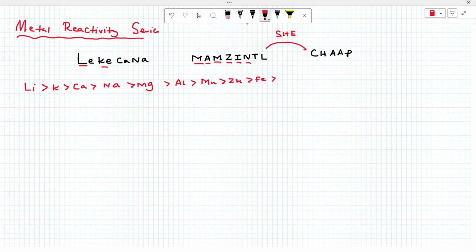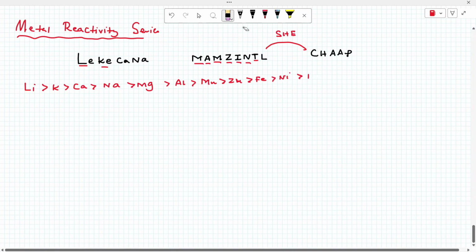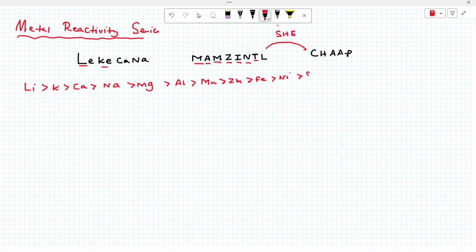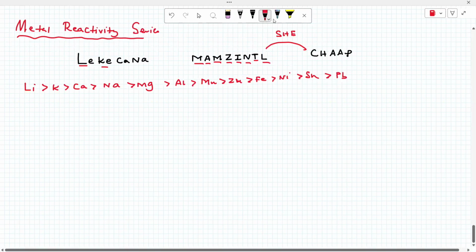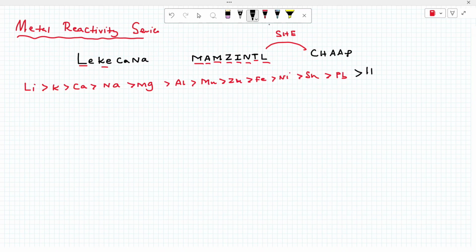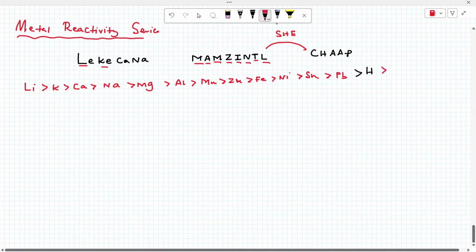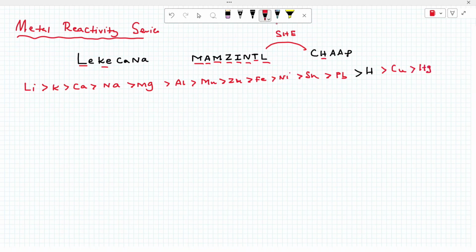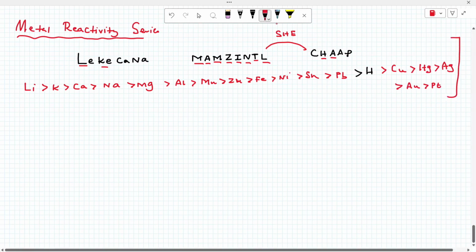N nickel. Sn tin. Pb lead. Now your hydrogen here. Now Cu copper. Hg mercury. Ag. அடுத்த Au. P platinum. This is a metal reactivity series.